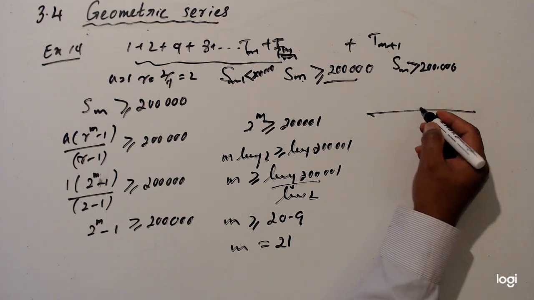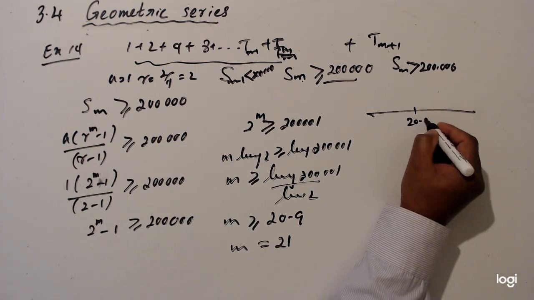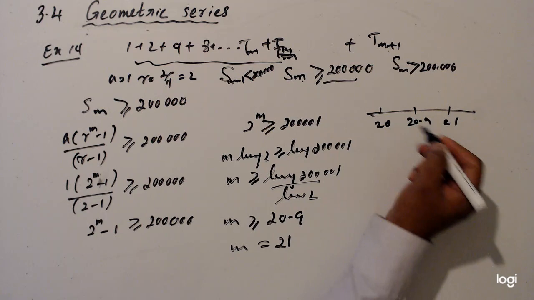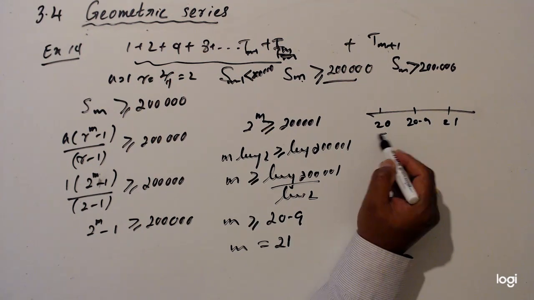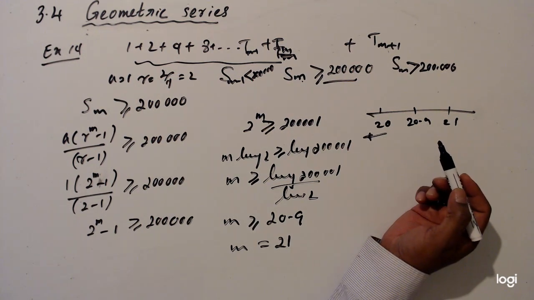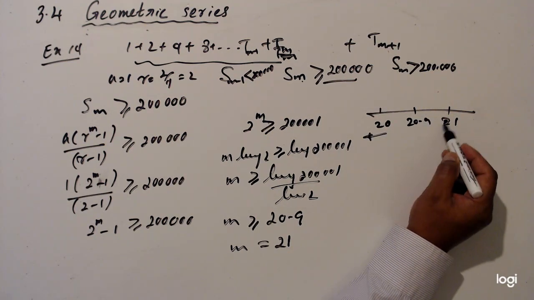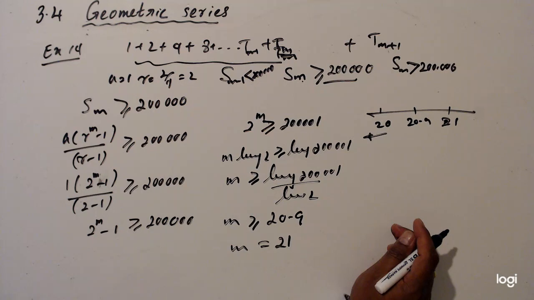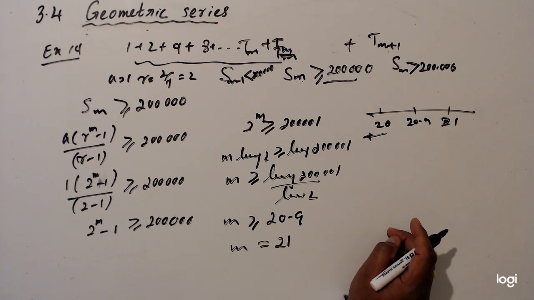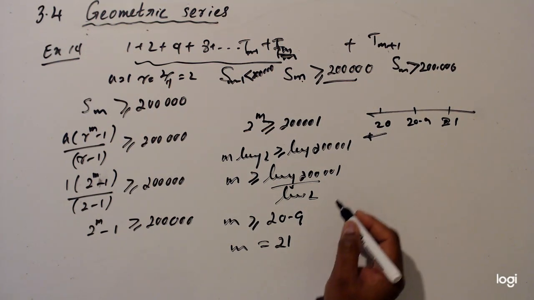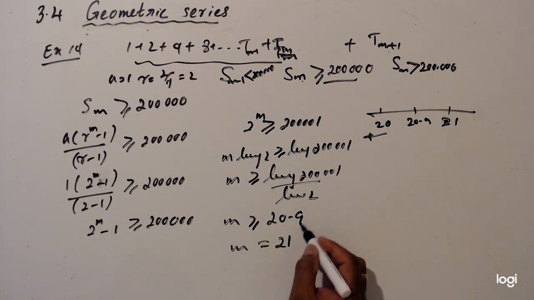Because 20.9 lies between 20 and 21, 20 is definitely less than 200,000, and 21 definitely exceeds 200,000. What will happen in case this falls exactly onto 21?